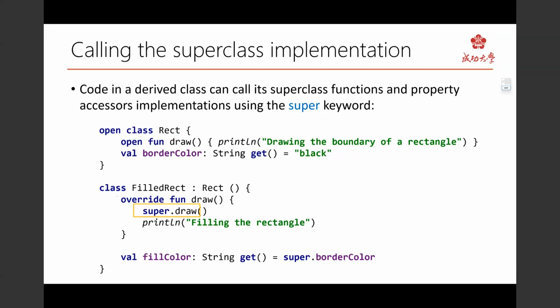You can see that the draw function defined in the FilledRect class overrides this one. To utilize the function defined inside the parent class, we can use the super dot notation to invoke the draw function defined in the Rect class to draw the border for the rectangle first. Once the border is drawn, we can then fill the rectangle inside this function.